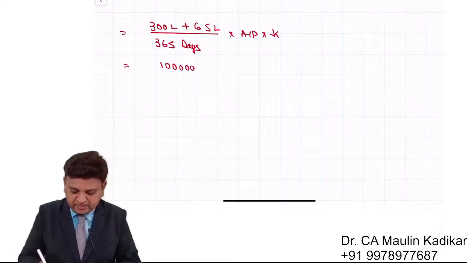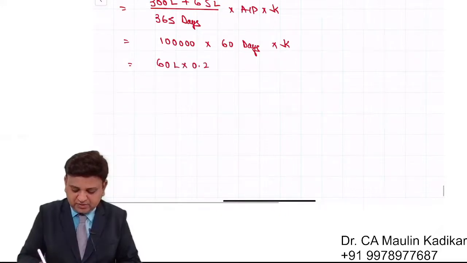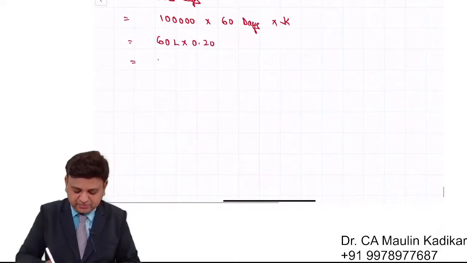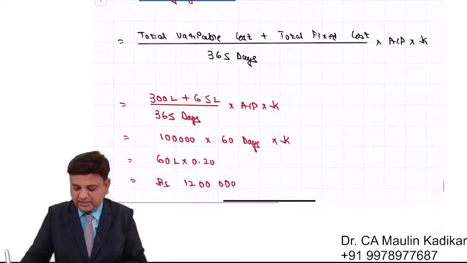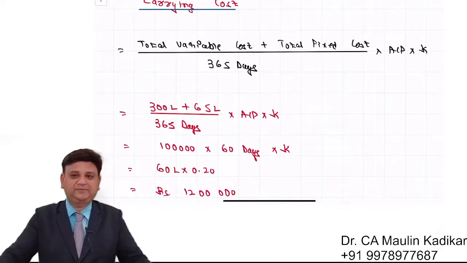So it is 1 lakh into 60 days into cost of capital. 60 lakhs into 20 percent, that comes to 12 lakhs. That is the way the carrying cost is calculated: 12 lakhs.